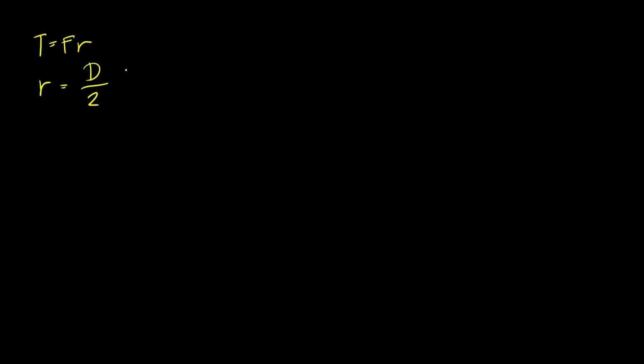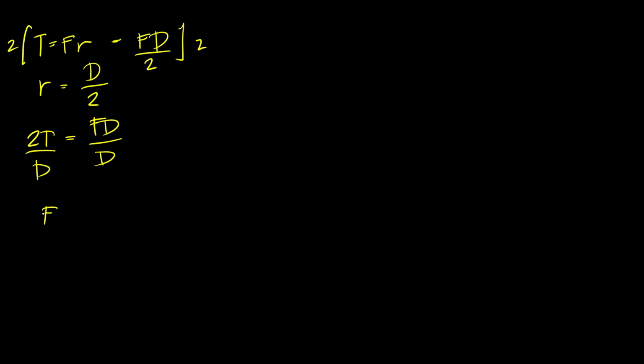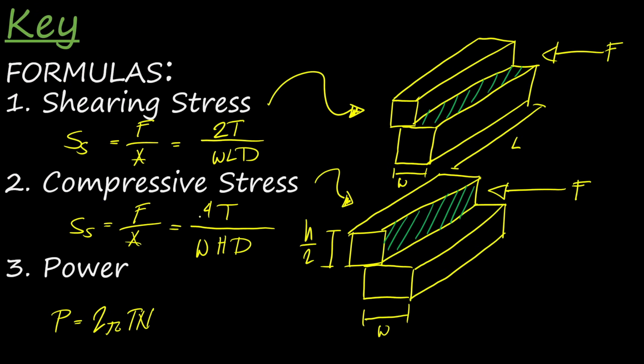So by doing that, we have F times diameter over 2. And then let's say we multiply 2 on both sides. Now we have 2T is equal to FD. And divide D on both sides. Then we have force is equal to 2T over D. That's why we have 2T over D.